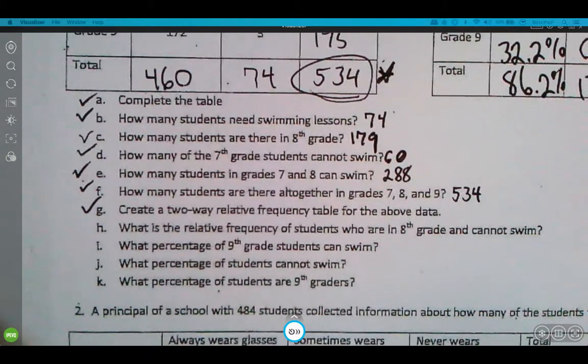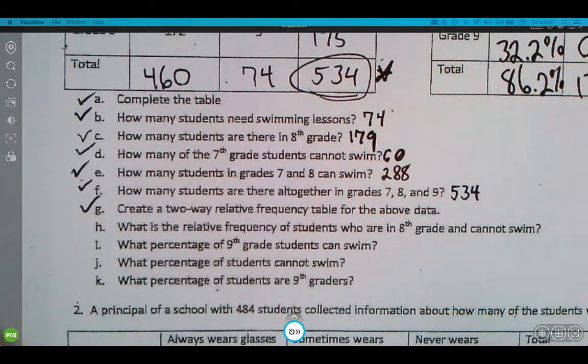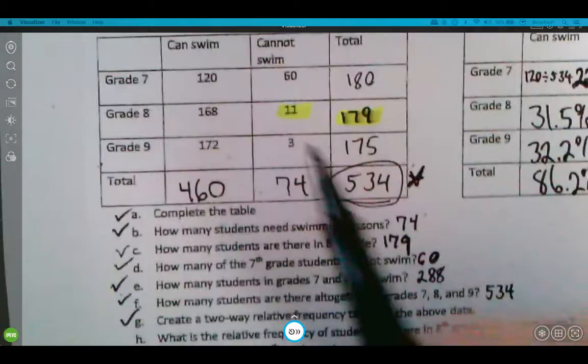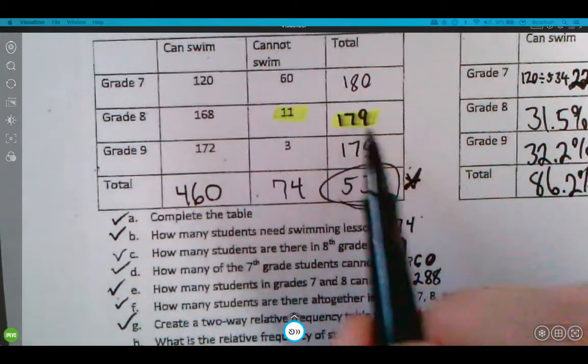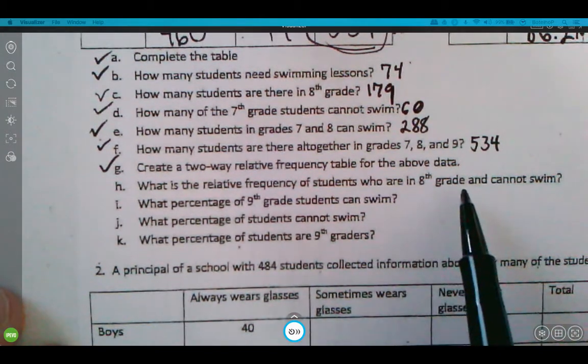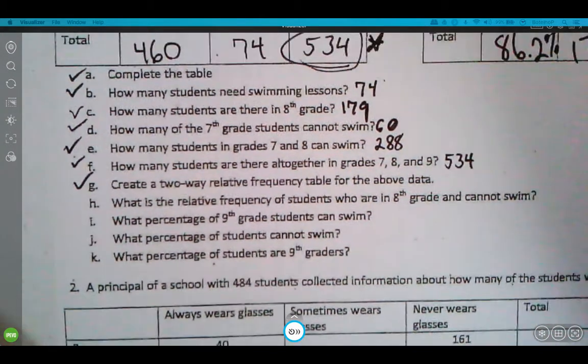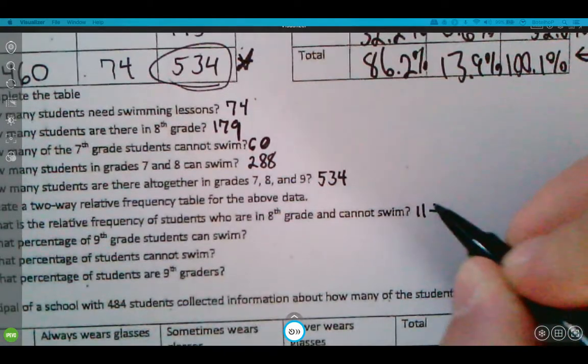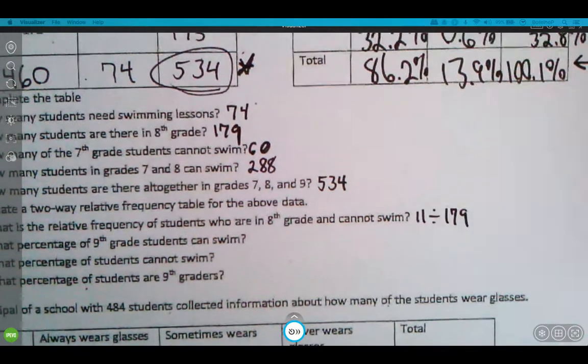When you do today's questions, I could have asked that 2 ways. I could have said, what percent of 8th graders can't swim? And you would have done 11 divided by 179. Or what relative frequency of students that are in 8th grade cannot swim? So wording gets a little tricky here. To get this answer, I'm going to do 11 divided by 179.